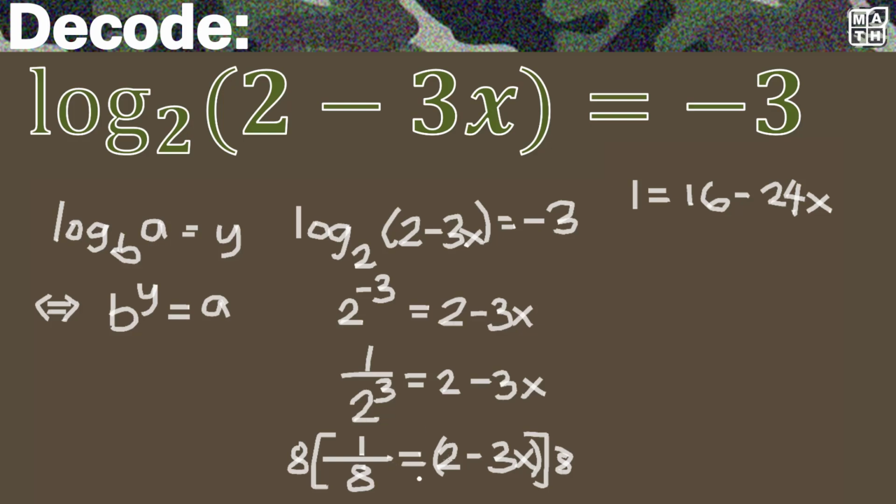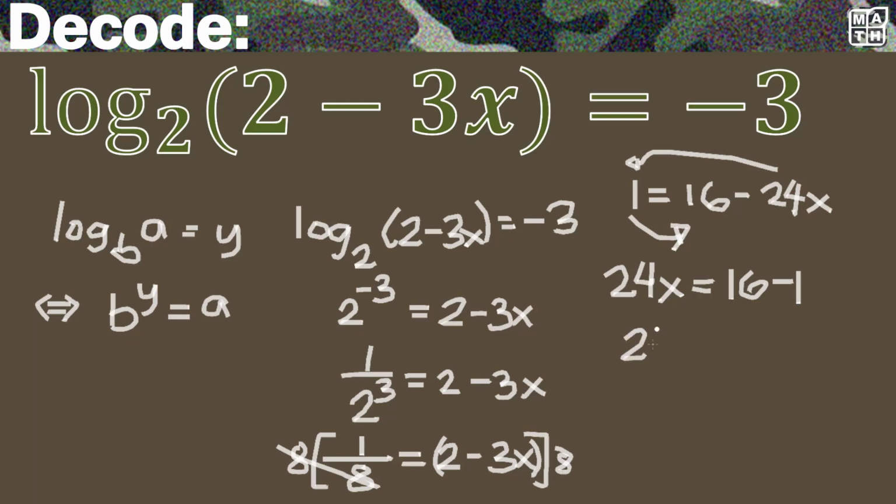Again, it looks like that because you're multiplying 8 on the binomial. Again, this will be cancelled out here. So I'm going to move it here and move 1 here. So I have positive 24x now is equal to 16 minus 1. So 24x is equal to 15.